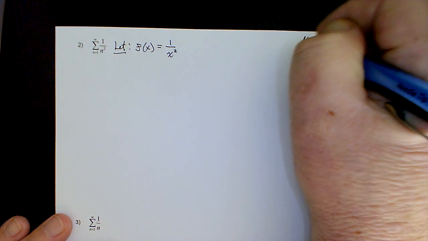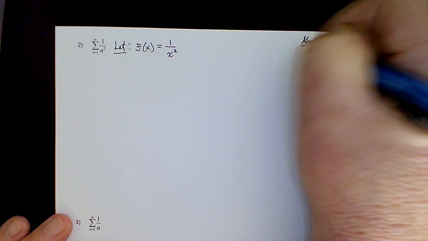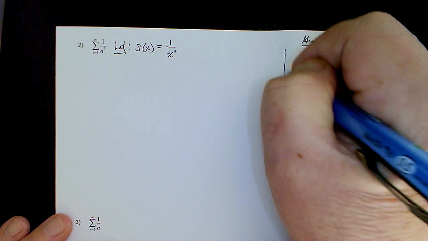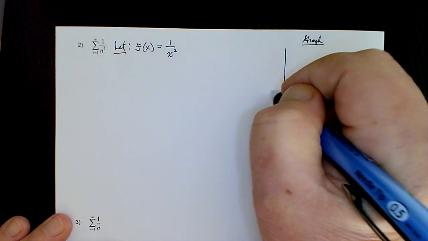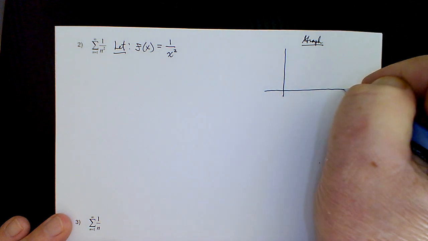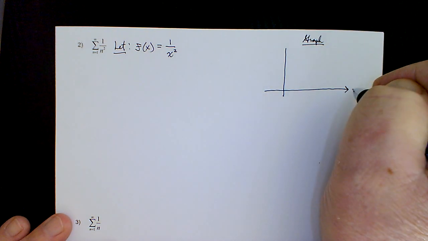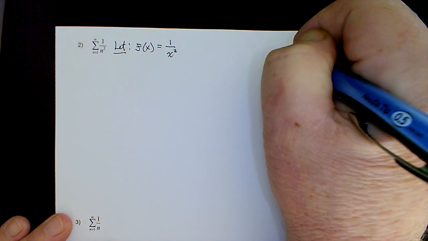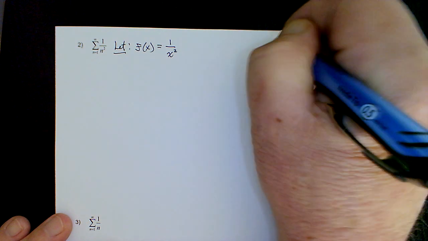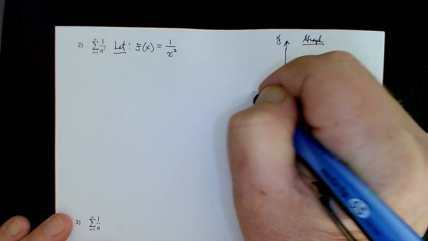I'm going to allow you to get away with the graph, remember, to prove the conditions. And the graph of 1 over x squared, we actually saw that earlier when we studied improper integrals. These are basically the same situations as we're going to see.